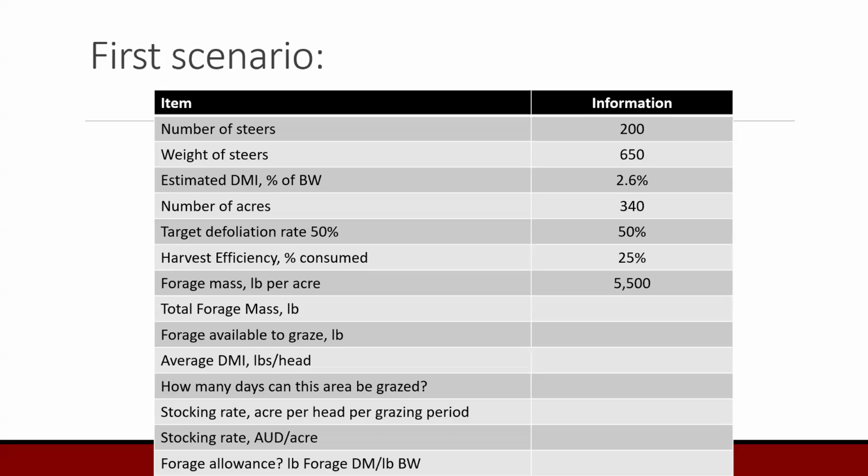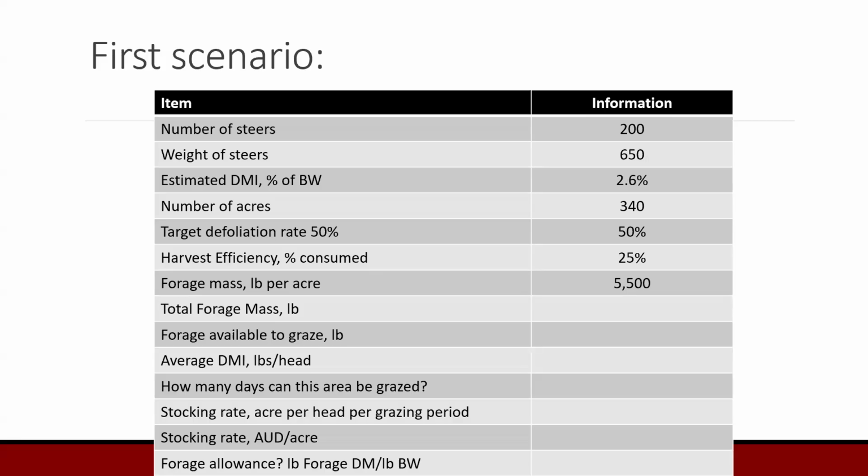Now we need to calculate how much of this is actually available to graze. So how would I do that? What do we get? 467,500. Okay.